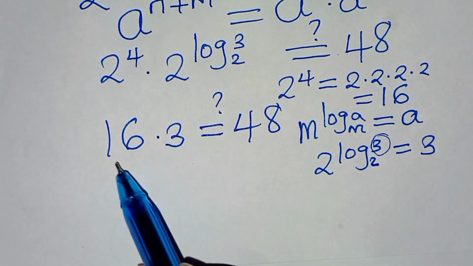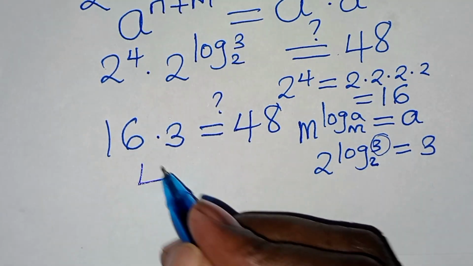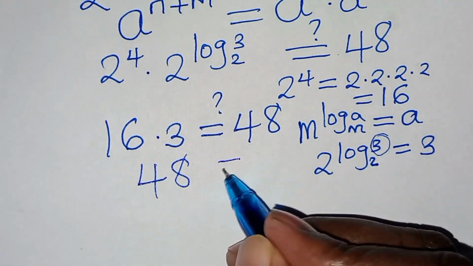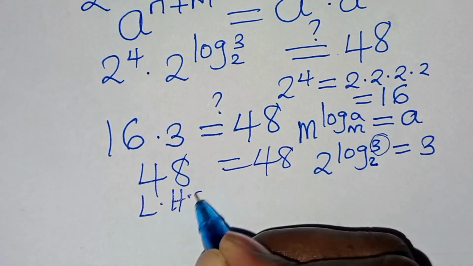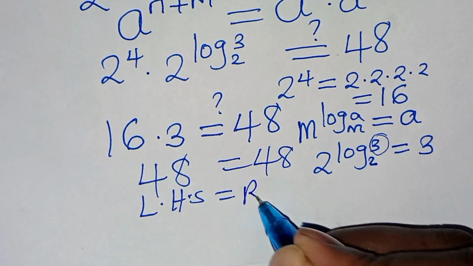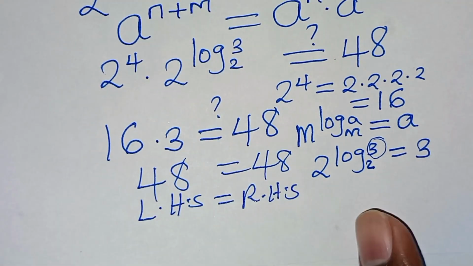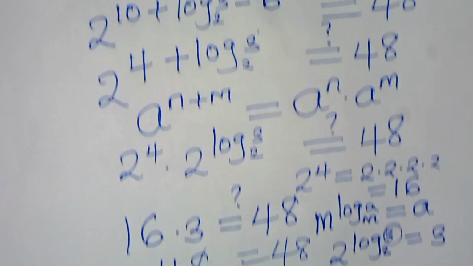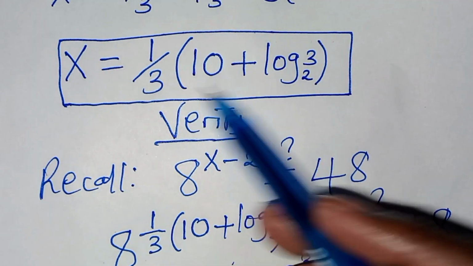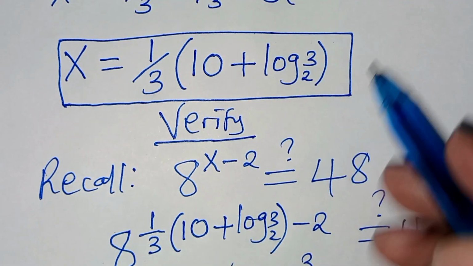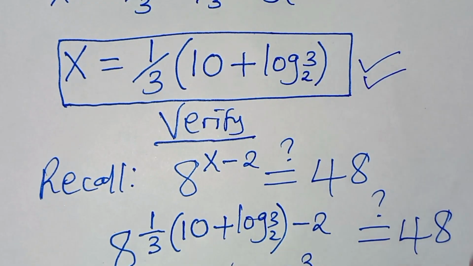So this implies here 16 times 3 is 48, which is equal to 48. So the left hand side is equal to the right hand side. And this implies that the value of x, which is 1 over 3, into the parentheses 10 plus log 3 to base 2, actually satisfies the equation.